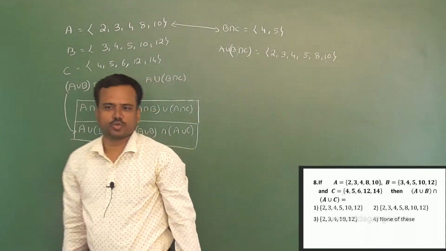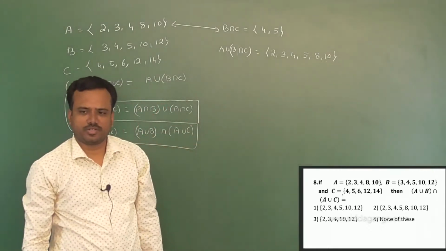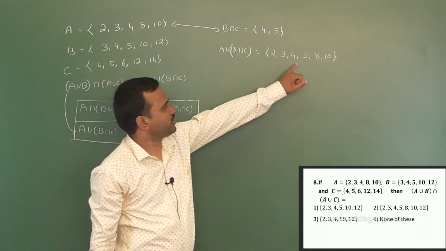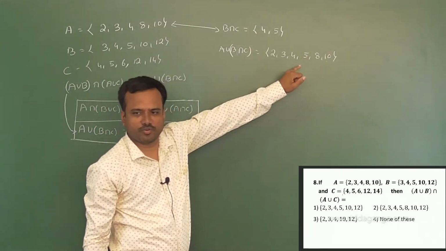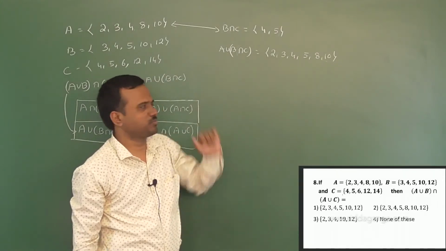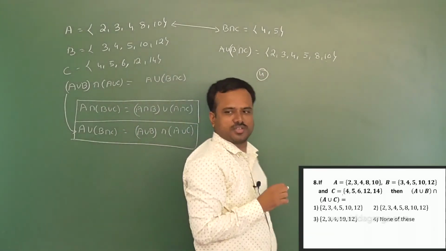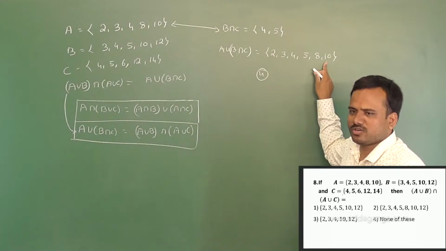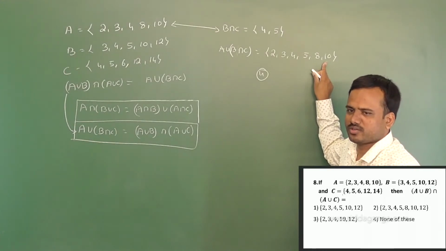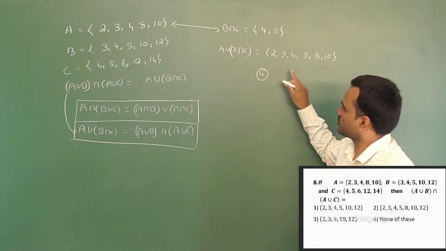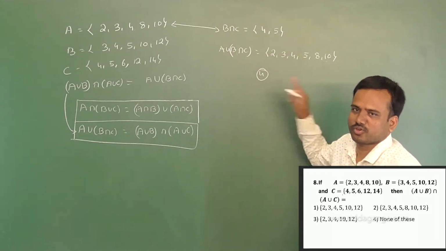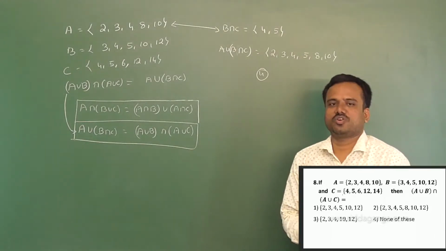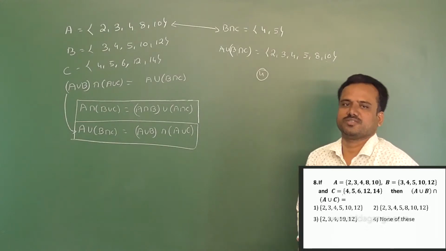Checking the options: the first option is 10, 12, 8, 10, 12. The second is 2, 3, 4, 5, 10, 12. So for this question, the option is the fourth one, that is none of these. A union of B intersection C. Next question.